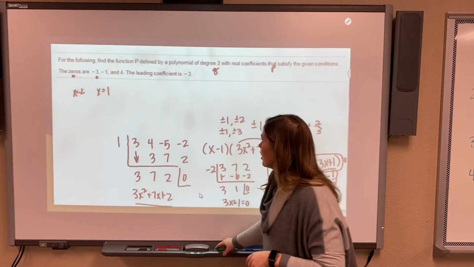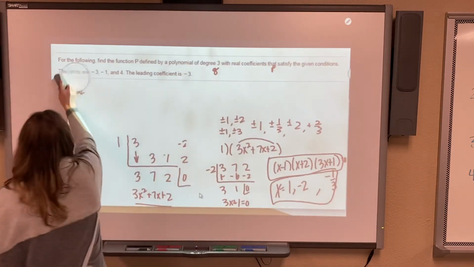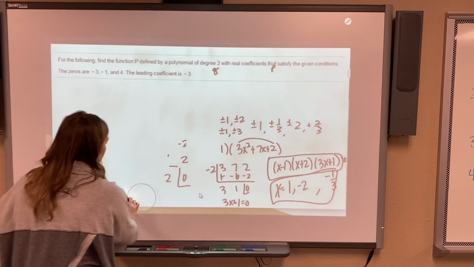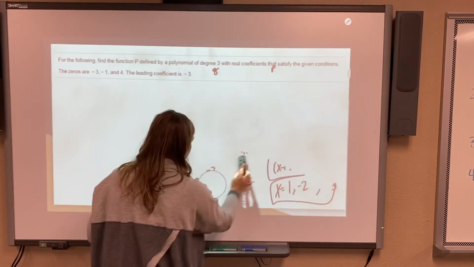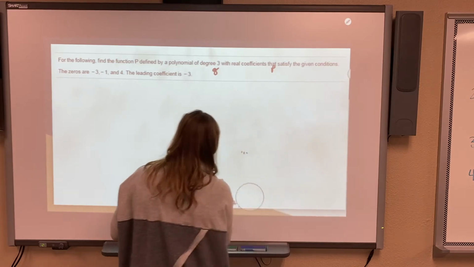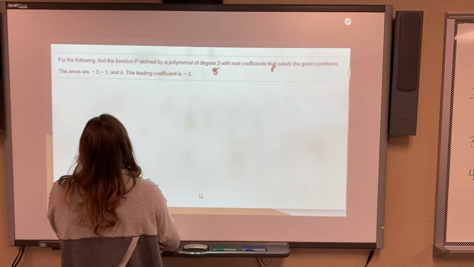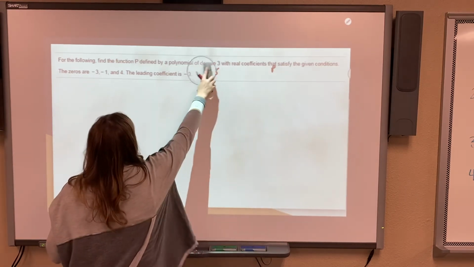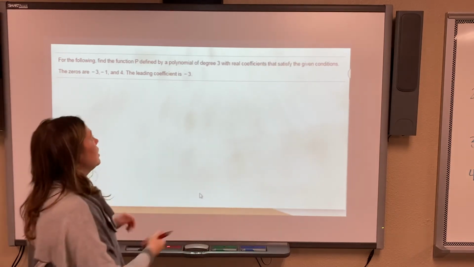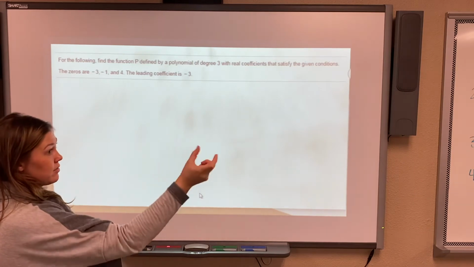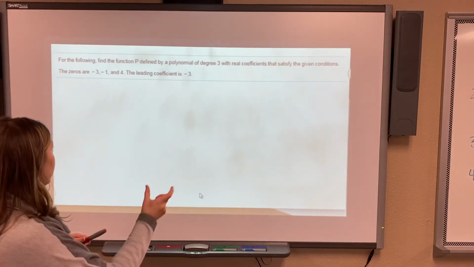Okay, so let's look at this one, which is very simple. I'm not going to walk you through all of these steps because we know how to FOIL, but I'm going to get you started on it. It says we have a function p defined by a polynomial with a degree of 3, so it'd be x cubed. So you're going to have 3 different factors.